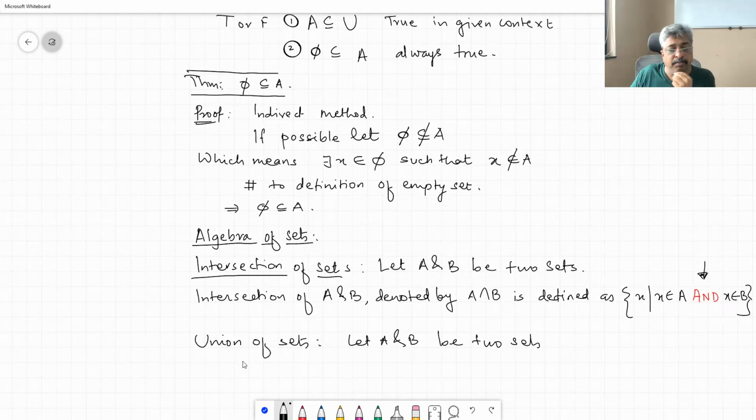Next, something similar. Union of sets. Let A and B be two sets.